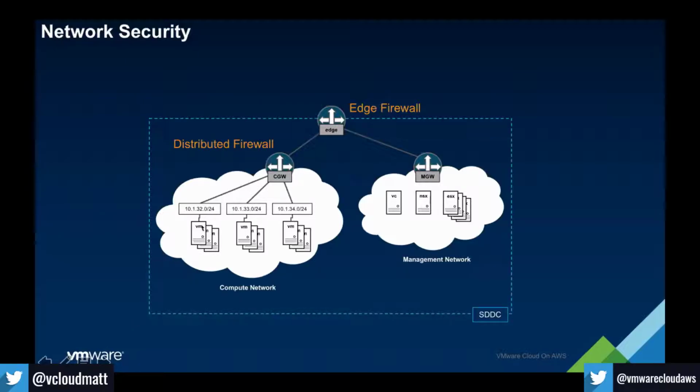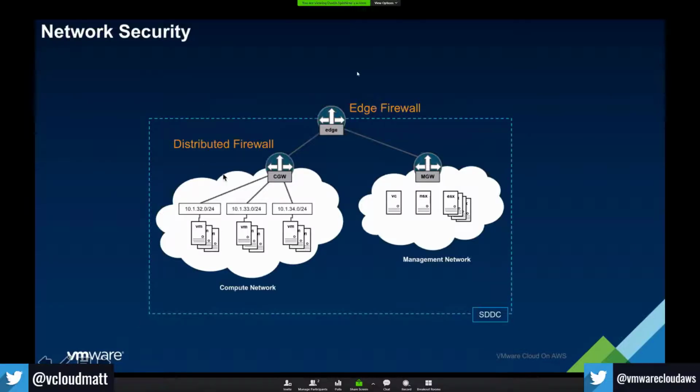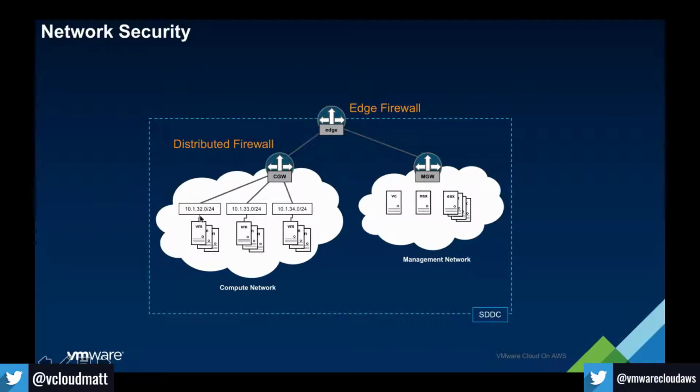So in other words, I now have the ability to prevent VMs over here from talking to VMs over here, or even restrict VMs within the same subnet from talking to each other if I want to. Now, the difference with the firewall policy is that on the edge firewall, we have a default deny policy. On the distributed firewall, we have a default permit. So you have to explicitly deny traffic in this model.